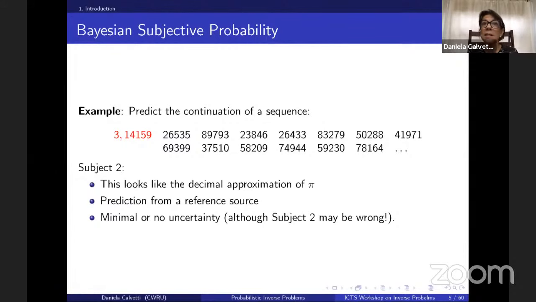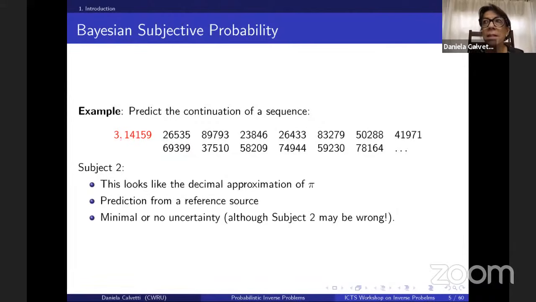And in this case, subject 2 does not have any doubt that his answer is correct. So subject 2 does not need probability to answer this question. In this case, the answer has no uncertainty attached to it, because it's a certain answer, and it could be right or it could be wrong.